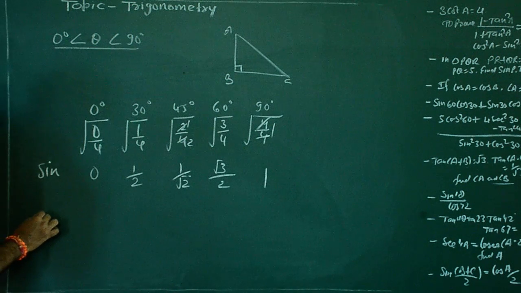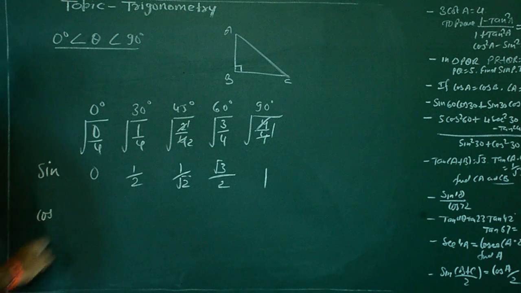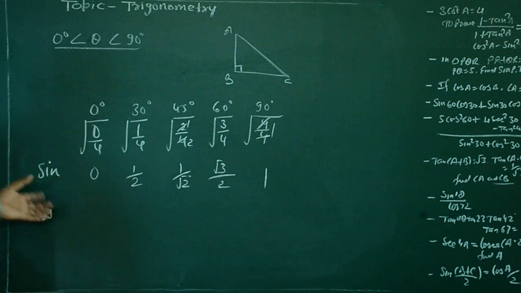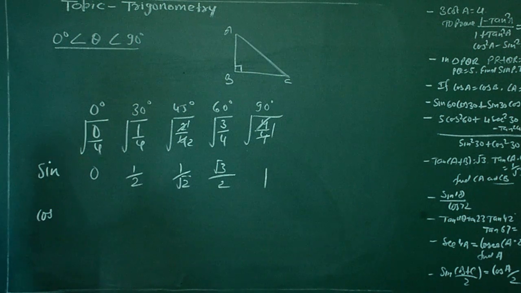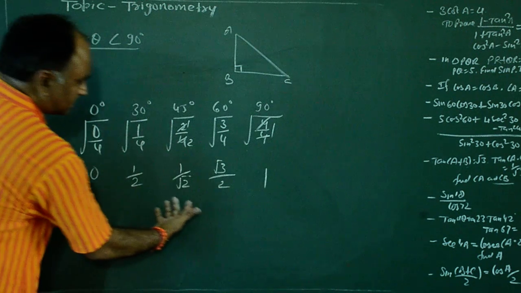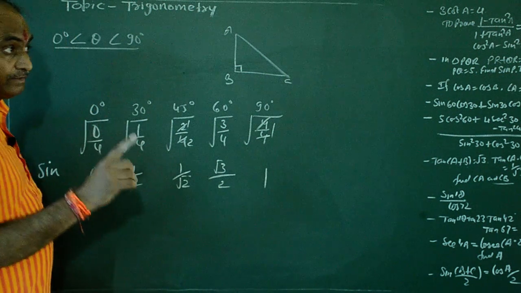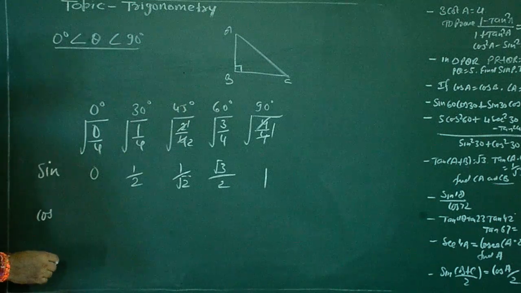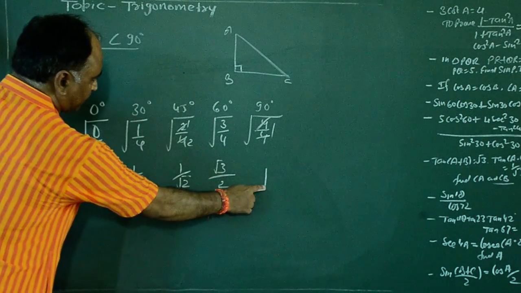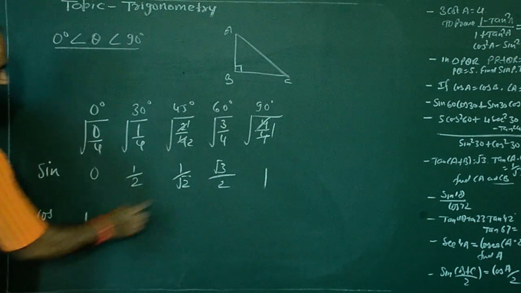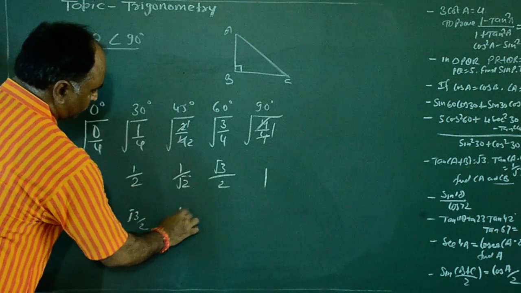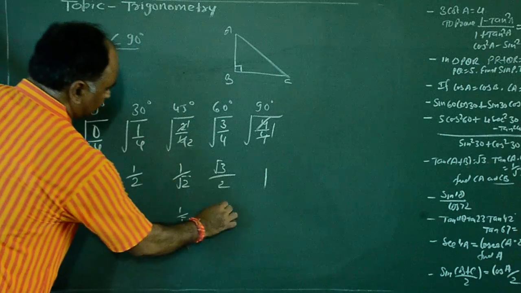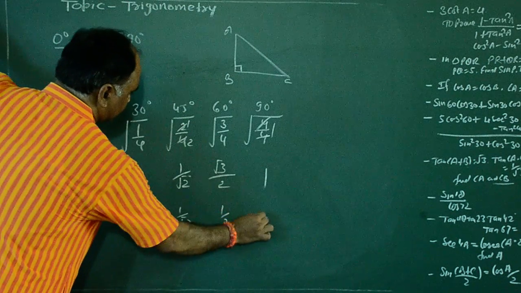Then you need here the value for cos. Okay, to find the value of cos, you have so simple procedure. You have to reverse the values, only reverse. How will you reverse it? Yes, first you will put here 1, then root 3 upon 2, then 1 upon root 2, then 1 upon 2, and then 0.